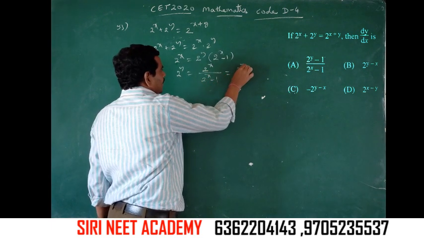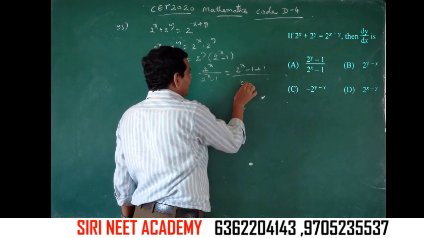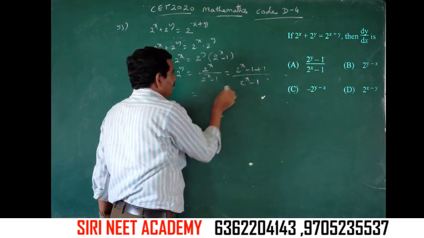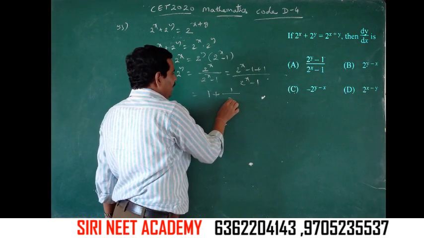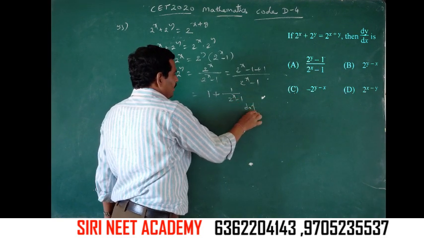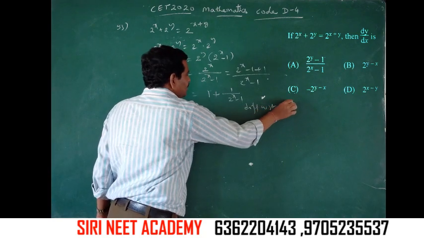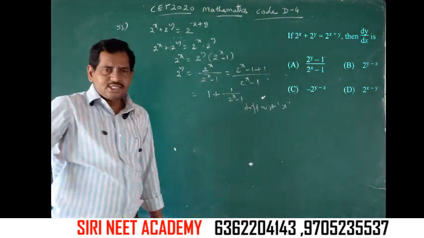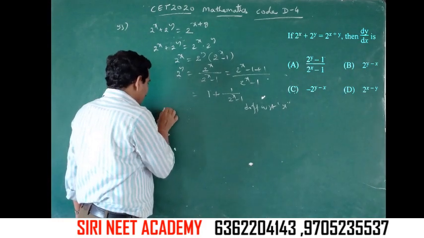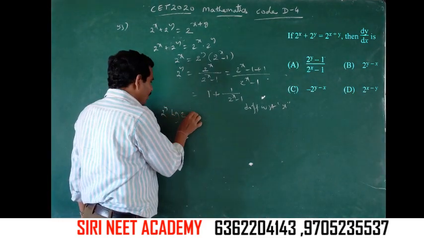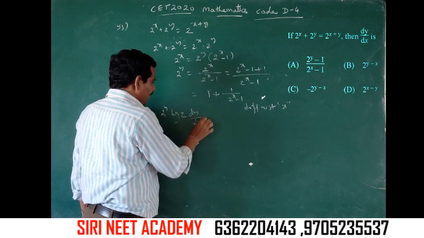That is equal, subtracting and adding 1, 2 power x minus 1 by 2 power x minus 1 plus 1 by 2 power x minus 1. Now differentiating with respect to x. A power x derivative is a power x log a. So for 2 power y, log 2 into dy by dx.